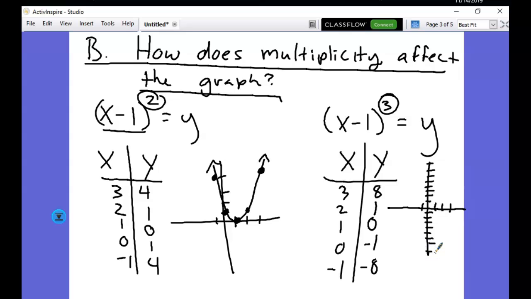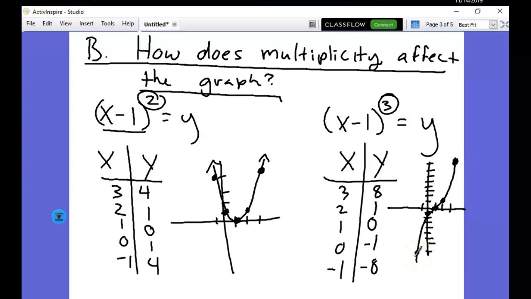So we're going to plot the point 3, 8, 2, 1, 1, 0, 0, negative 1, negative 1, negative 8. So for this one, it was going down, down, down. What happened when it got to its root? It went ahead and crossed the barrier into the negatives, right?